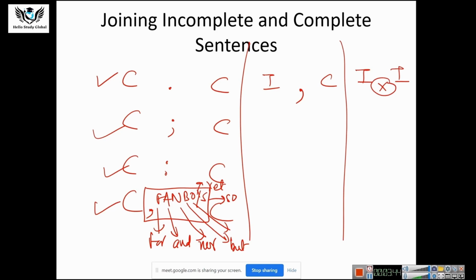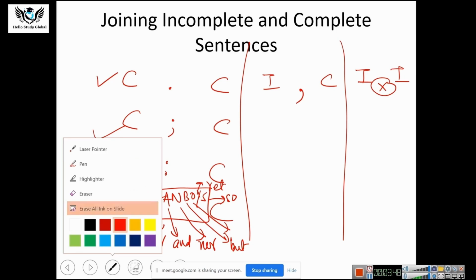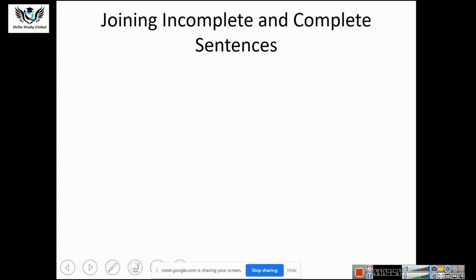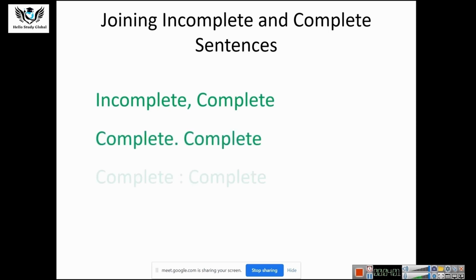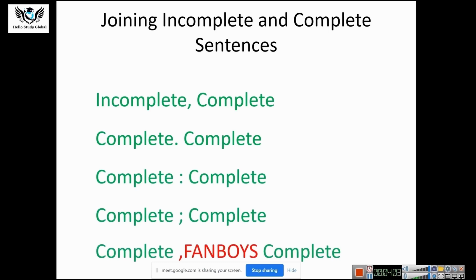We do not need any punctuation in between, and these are important. Often you'll be able to eliminate incorrect answer choices based on the understanding of how to connect complete and incomplete sentences. So an incomplete and a complete sentence can be connected by using a comma, and two complete sentences by four of these methods.